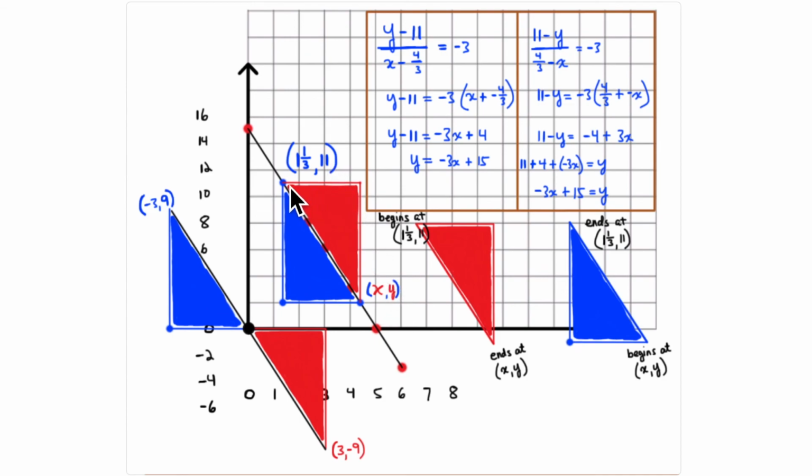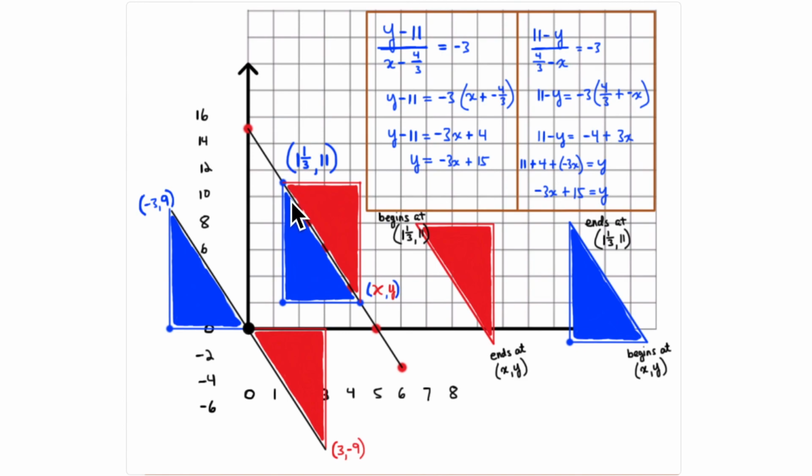So you have to take away or subtract these 11 units right here to slide this down 11 units down to here. So this is y minus 11, and then you have to slide this slope triangle over to here by subtracting this 4/3, or 1 1/3. So it's y minus 11 over x minus 4/3.